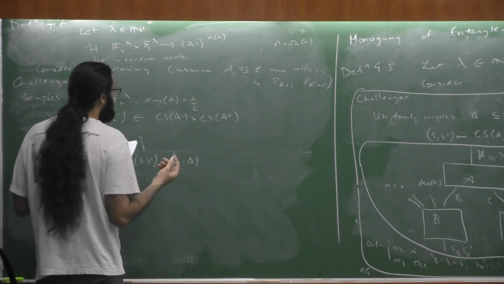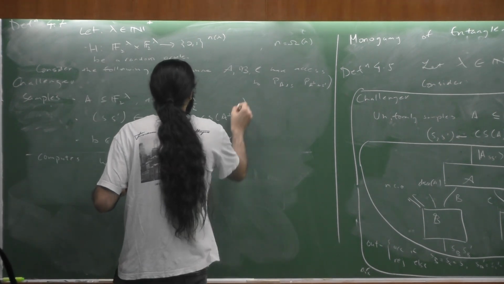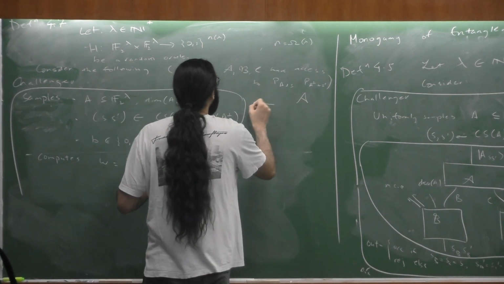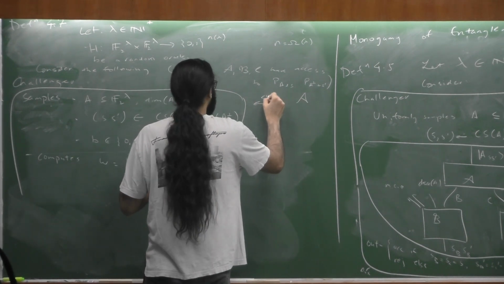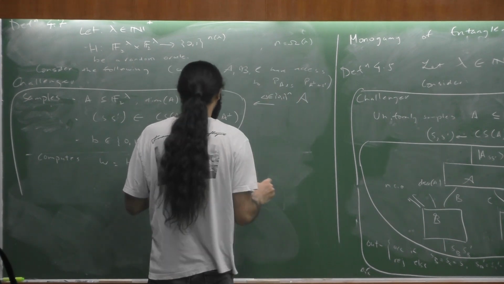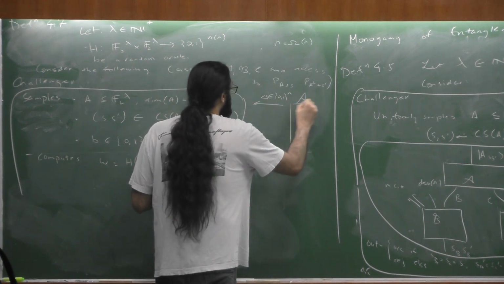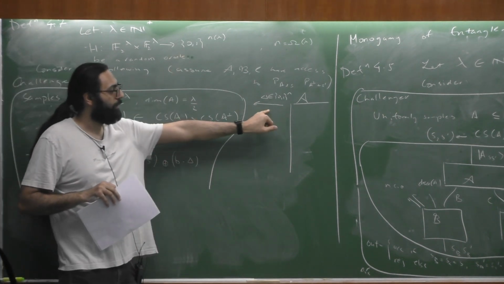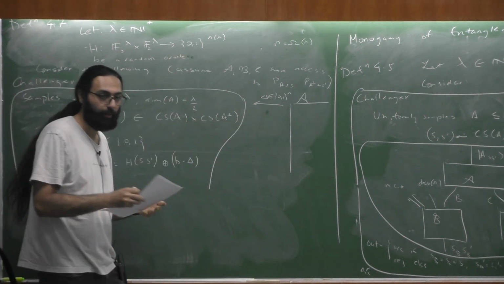Now what is delta? I didn't tell you what delta is. So delta is what A sends. A in the beginning is going to send a string delta of length n. n is the same that we had before. So note that the output of the random oracle and the string length of delta is the same.